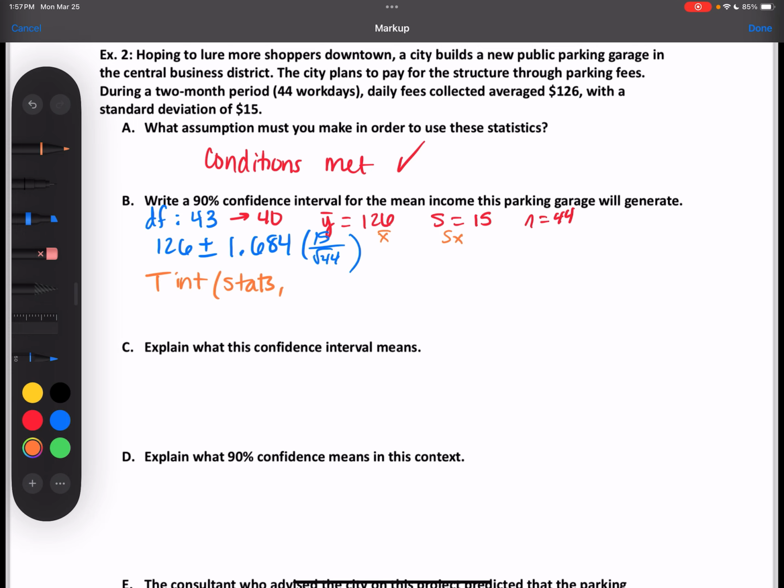That's why I said it could be off by a little bit, because we're not putting in the degrees of freedom. We're just putting in the N value. So X bar on your calculator is Y bar on our paper and in our formula. So that's 126. The S sub X is our S, which is 15. N is 44. And confidence level is 0.90 for this problem.